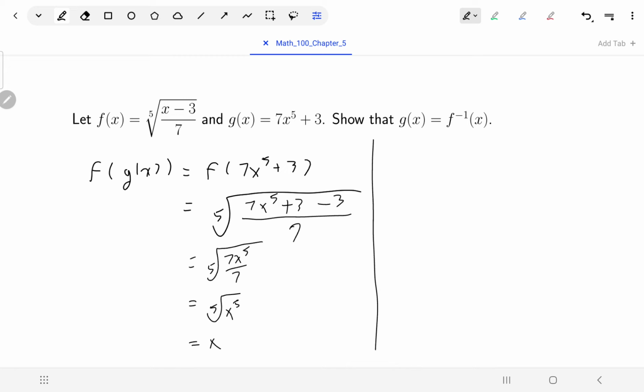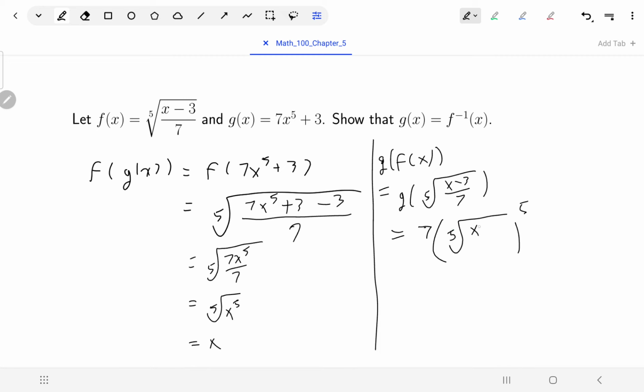And similarly, if I did the reverse, if I looked at g composed with f, so in other words, if I put that fifth root inside of g, then what I would have is 7 times, instead of x to the 5, it would be 7 times that fifth root to the 5, with a plus 3 at the end.